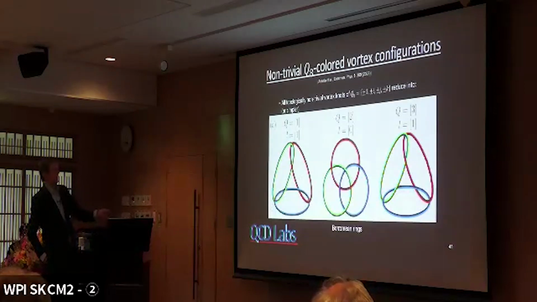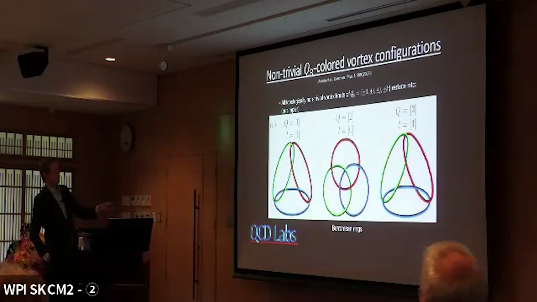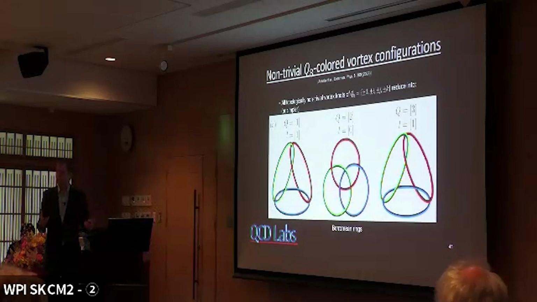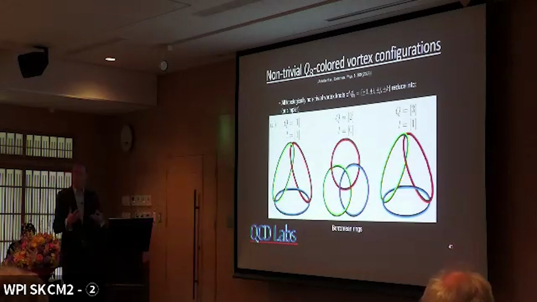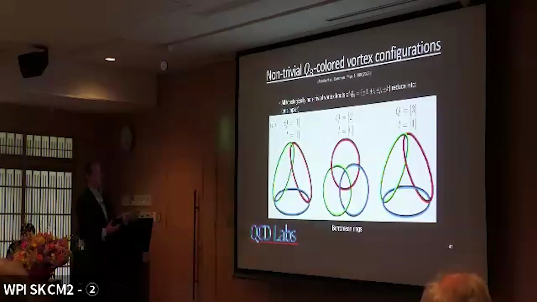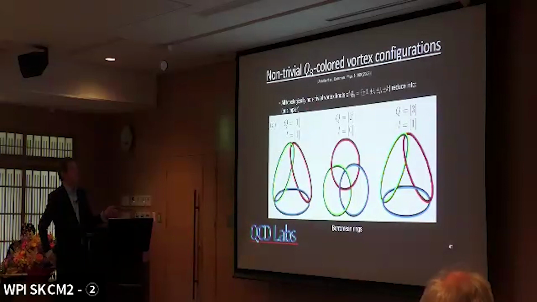So this is basically what happens: if one vortex goes under this one, it switches sign. It turns out that all knots and all non-trivial topological defects, these topologies of vortex tangles, can be reduced into these very simple structures or a bunch of them.